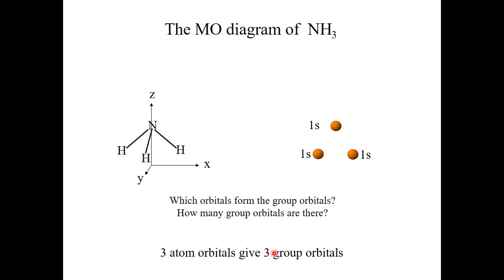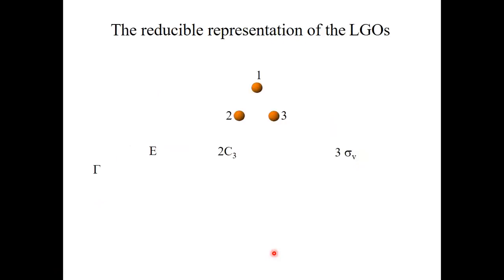So what is the next step? The next step is we need to determine the reducible representation for these ligand group orbitals. We can use the orbital swapping method to do that. So you need to go through the symmetry operations step by step and decide whether the symmetry operations swap the orbitals or not.